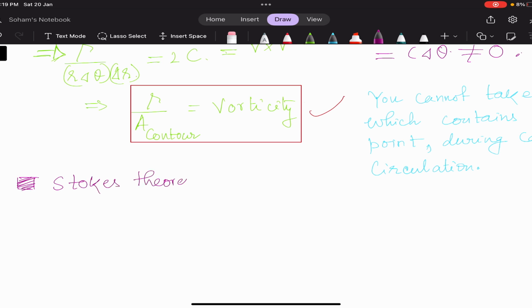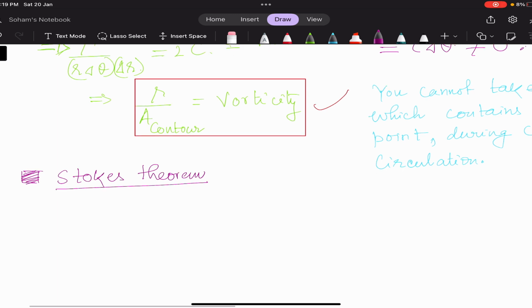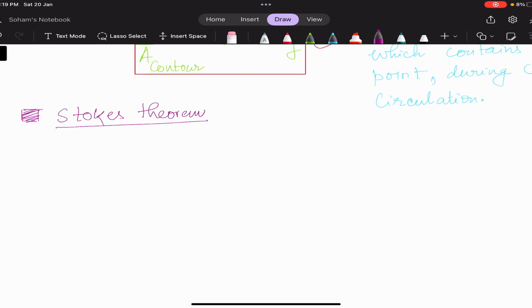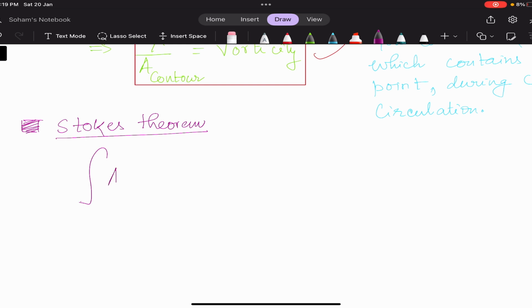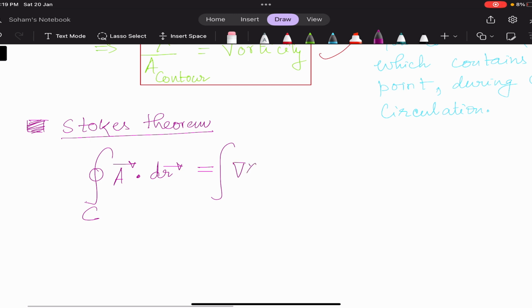Stokes theorem says that if we have a vector, let us say A, then A dot dr around a contour C will be equal to the area integral of curl of A dA, where A is the area enclosed by the contour.